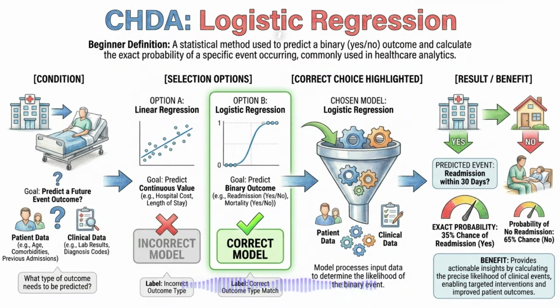The most common healthcare example is using logistic regression to calculate a patient's exact probability of being readmitted to the hospital within 30 days of discharge. Because the CHDA exam focuses heavily on clinical outcomes, logistic regression is arguably the most important predictive model you will study.